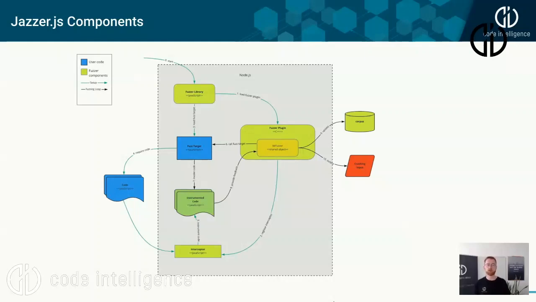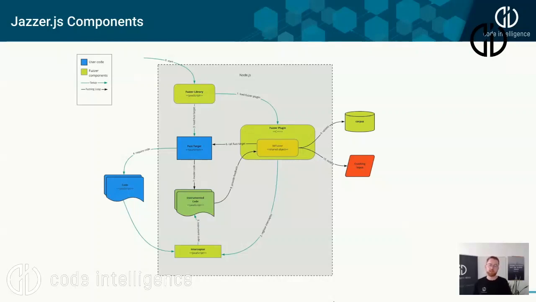It's a Node.js native add-on, so it's written in C and can interact with libFuzzer. The plugin registers an interceptor. So whenever code is loaded, we intercept that code and amend it with the mentioned feedback mechanisms, so the coverage mechanisms and comparisons and so on.